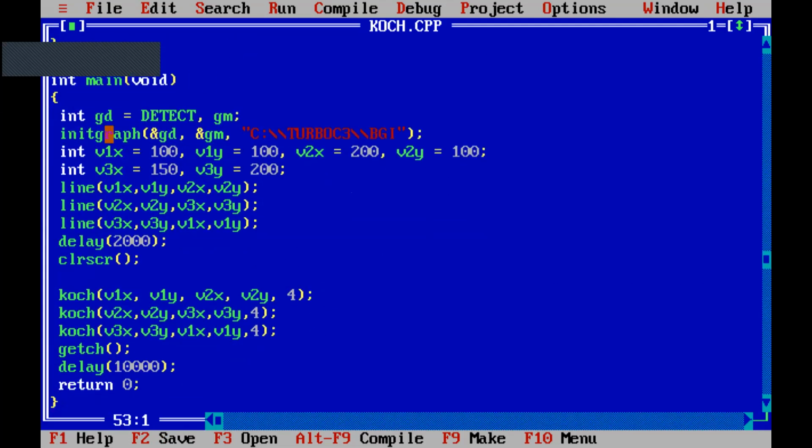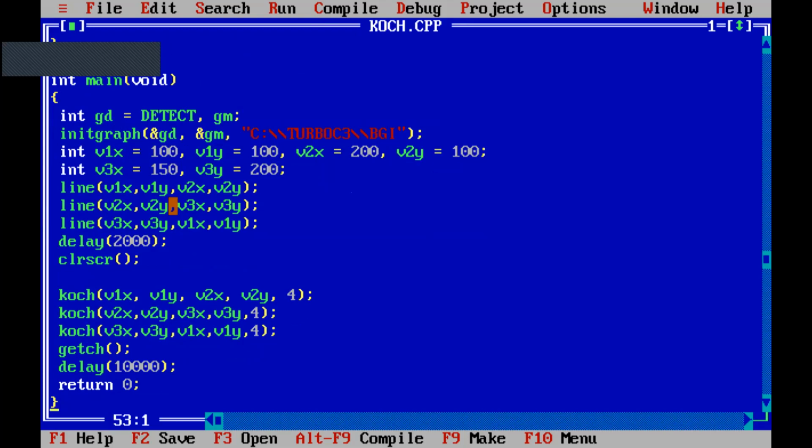int main, int gd equals to detect and gm, initgraph and gd, comma and gm, comma c colon /turboc3 colon bgi. So this is locating the bgi and initializing the graph. Then, as I want to create a snowflake, I have taken 3 vertex points.